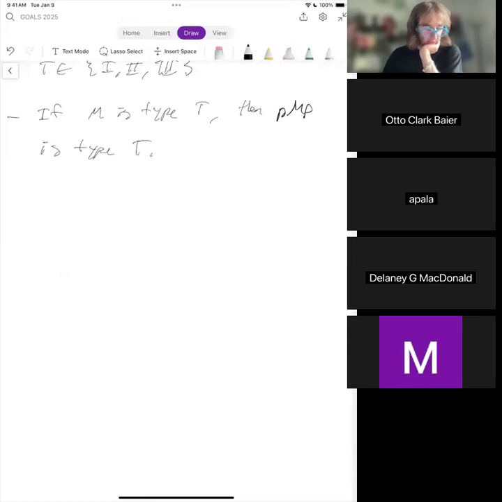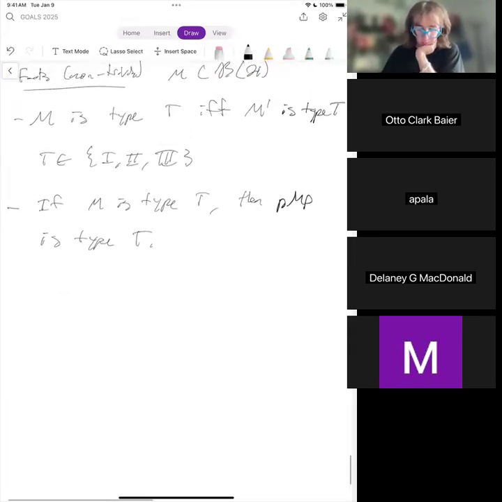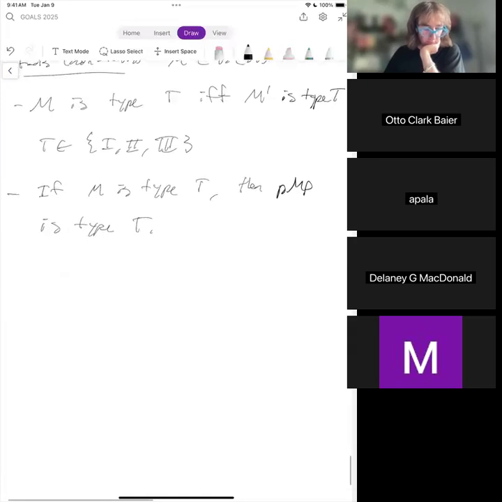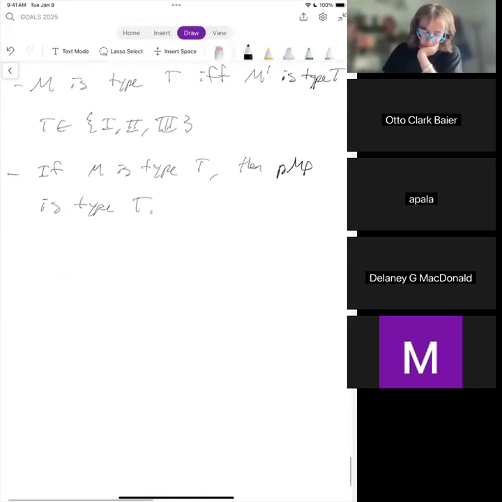Okay. So we'll try and talk about how each of type 1 and type 2 can be decomposed further, starting with type 1.